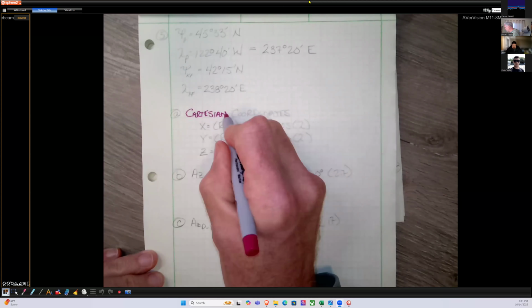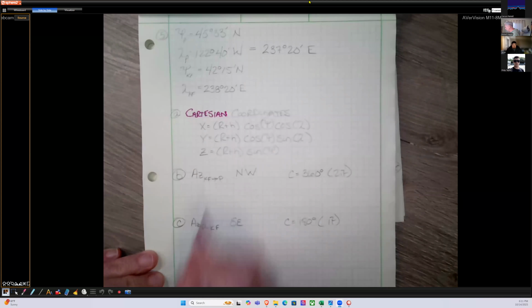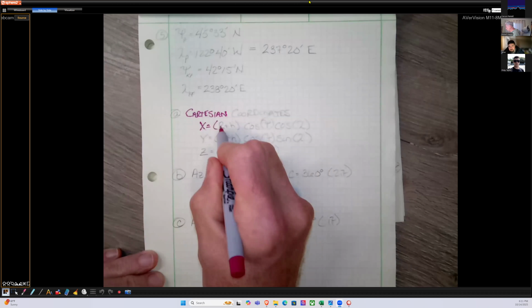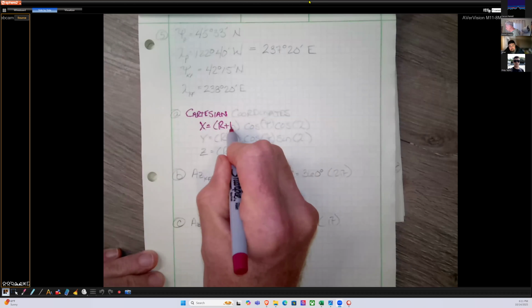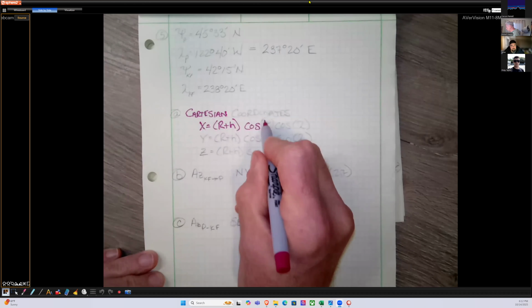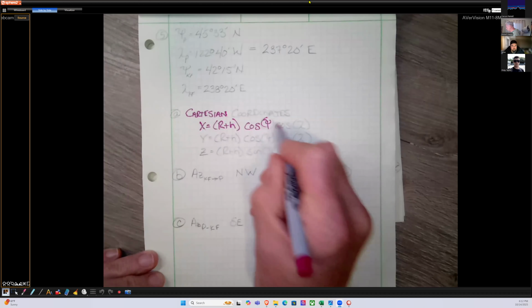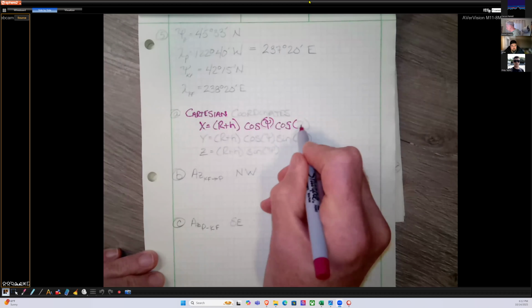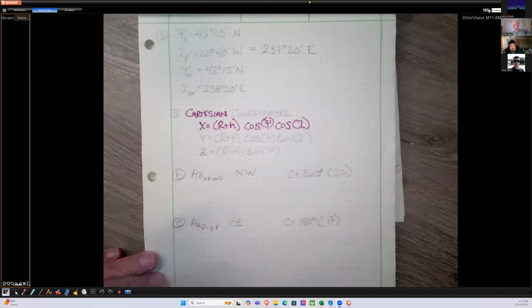And this looks familiar to everybody, right? These formulae. Those look familiar.